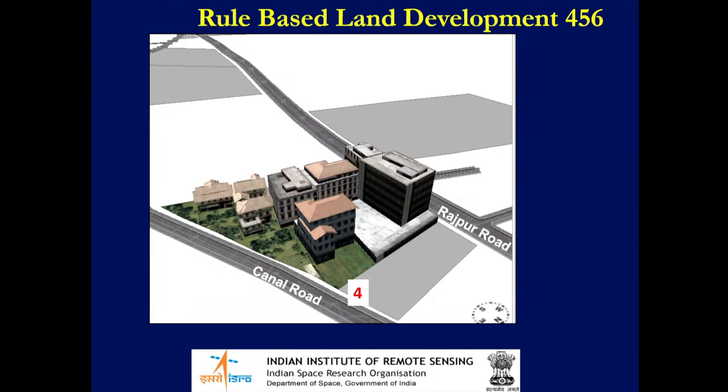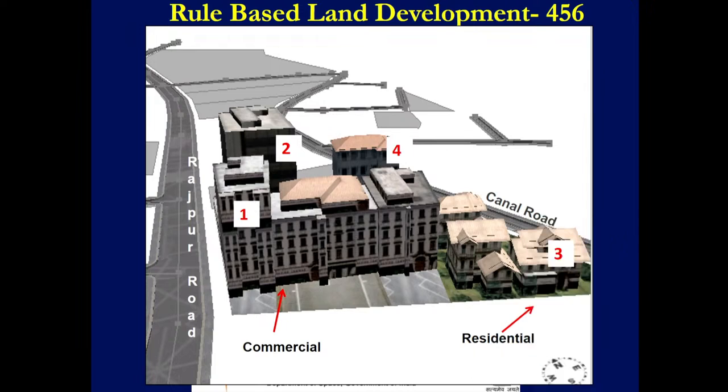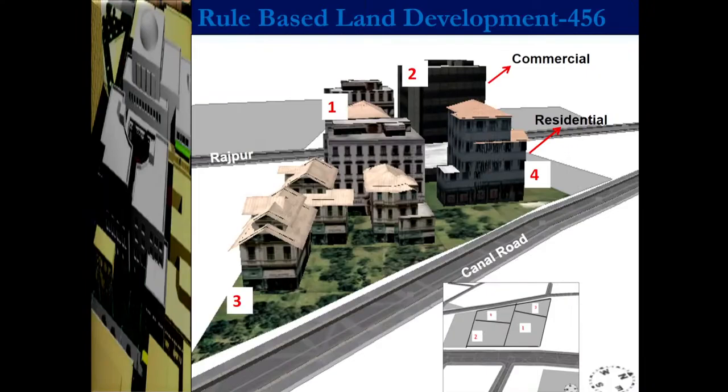In the same way we can do it for other plots as well. We can see that it's a kind of mixed land use where a residential zone as well as a commercial zone can come up. That means that piece of land is good enough to serve both these purposes, and accordingly the future development is expected.